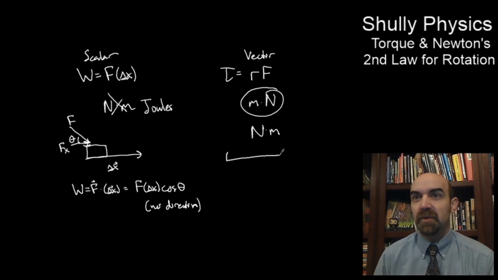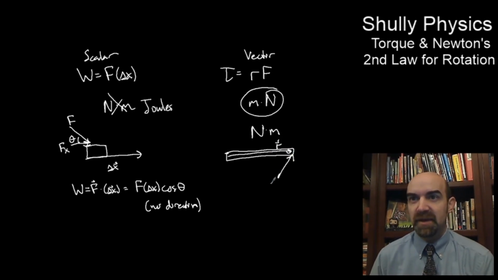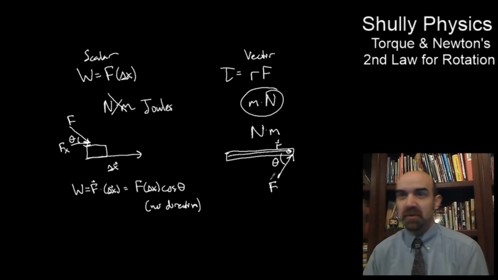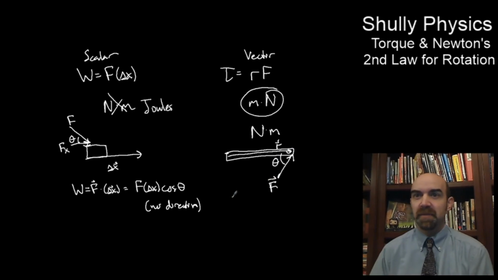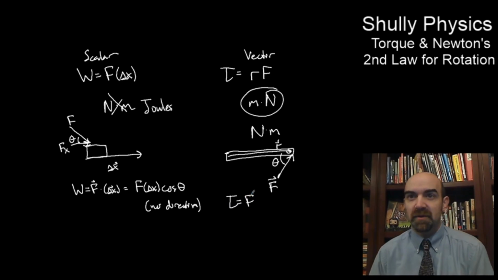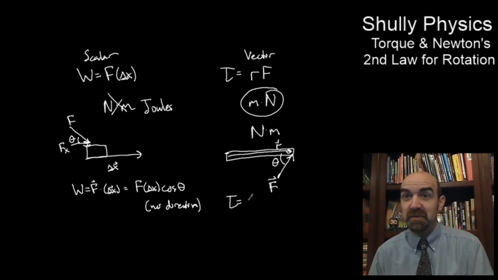In this kind of rotating system, we also have a force, of course, the torque arm. But the force is at an angle. The angle between the force and the torque arm is theta. And here we have torque equals R cross F. See, I almost did it there.